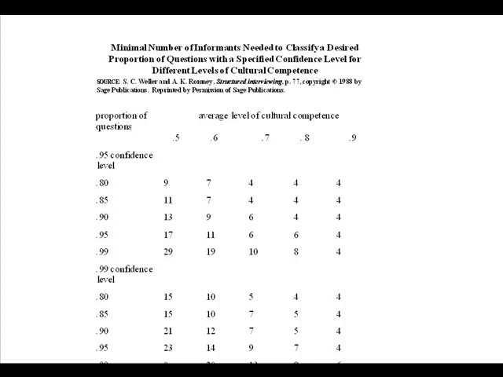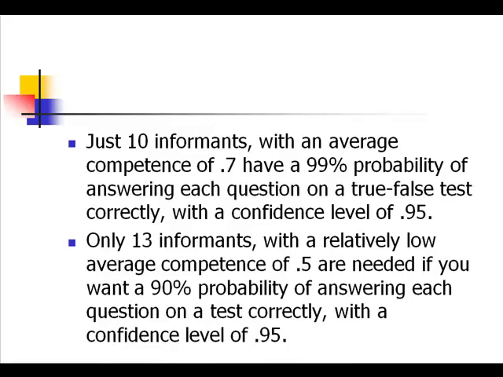Average level of competence, 0.7. Proportion of questions, 95, getting right, 99%. Proportion with the 95% confidence level, 10. 10 informants. 10 informants with an average competence of 0.7 have a 99% probability of answering each question on a true-false test correctly with a confidence level of 0.95.